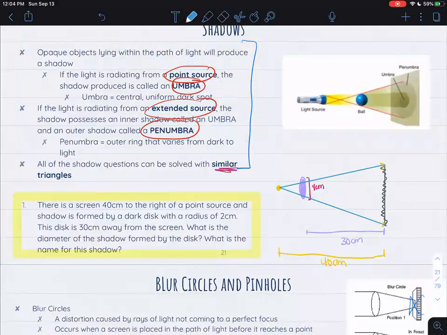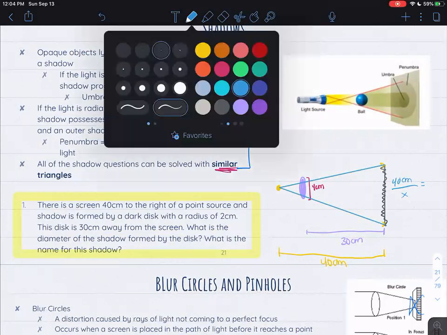We want to compare this measurement and this measurement. So we know that we have 40 centimeters and our unknown value, and we can compare that to our other triangle here.